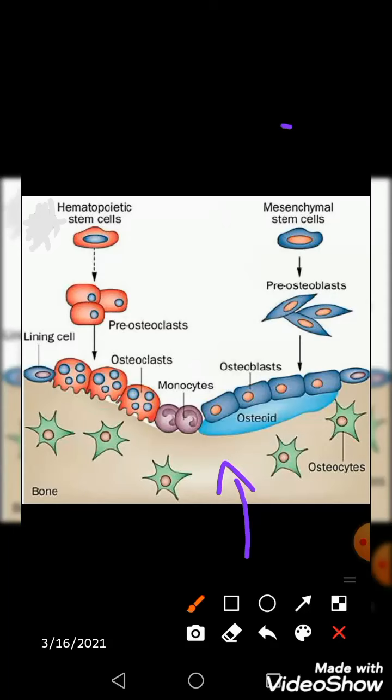And you must know that bone matrix has a much lower content of water, so it is a much harder tissue.